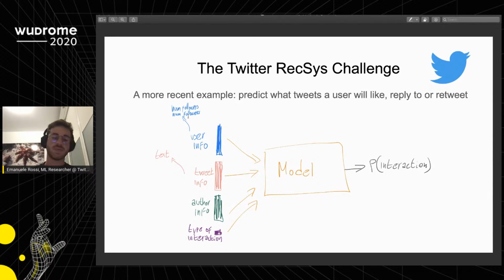And this information will be similar to what we have for the user. And there is also an additional single feature telling us what type of interaction this is. As we said, it could be a like, a reply, or a retweet. And this all goes into our model. In this case, we want to predict the probability of an interaction. So what is the probability that this user would interact with this tweet, with this specific interaction?